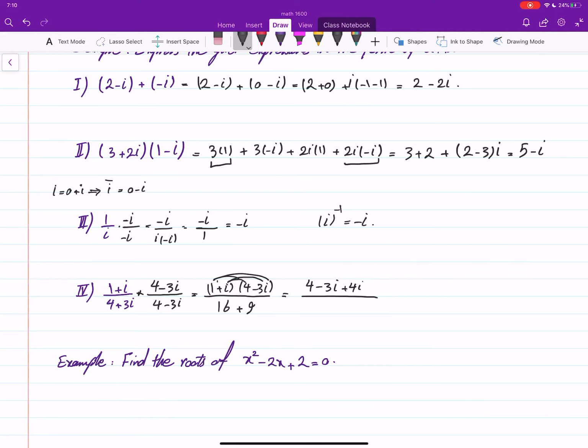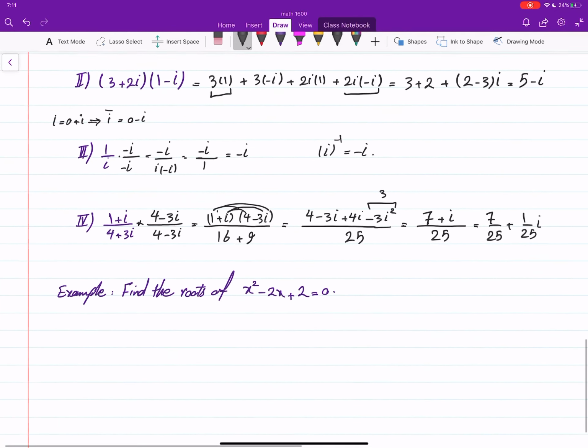And then we do another one, a negative 3i squared. And this is 25. Negative 3 times i squared is just 3 added to 4. This is 7 plus i over 25. 7 over 25 plus 1 over 25 i. And that's how we find that division.